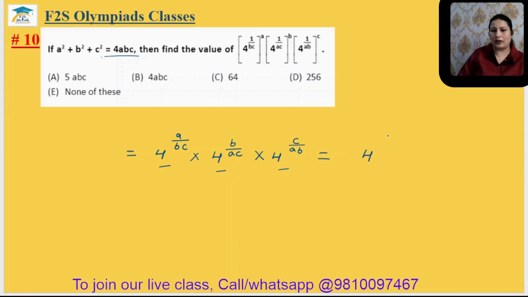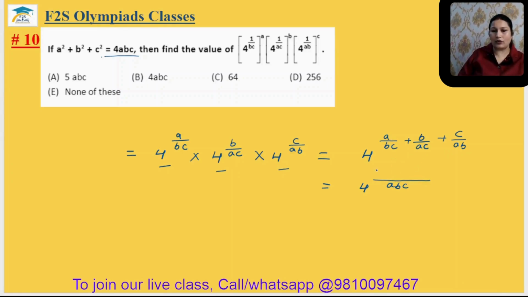So 4 to the power A by BC plus B by AC plus C by AB. If I take the common LCM of BC, AC and AB, I will find ABC as the LCM of these.